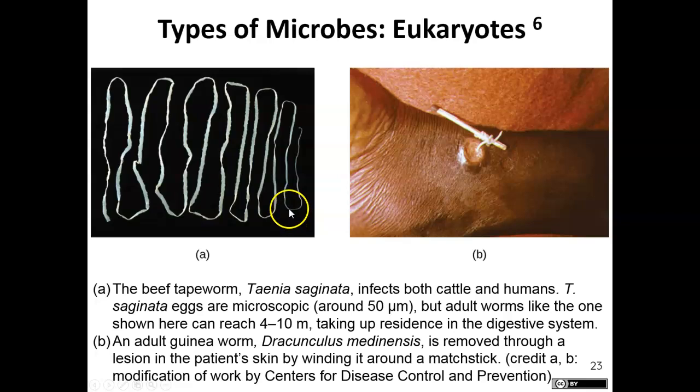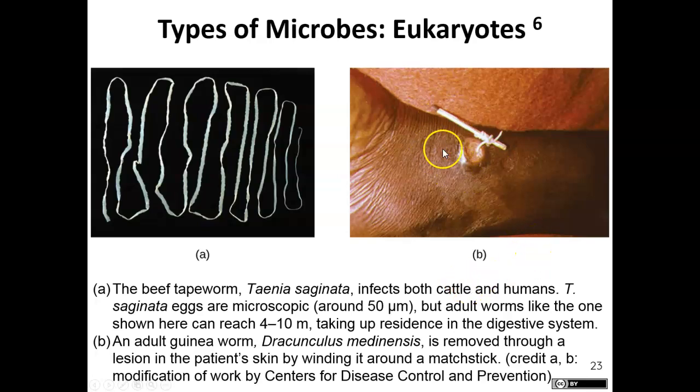Because the worm has both male and female sex structures, it is able to reproduce with itself, so it can basically fertilize its own eggs and grow out of control.